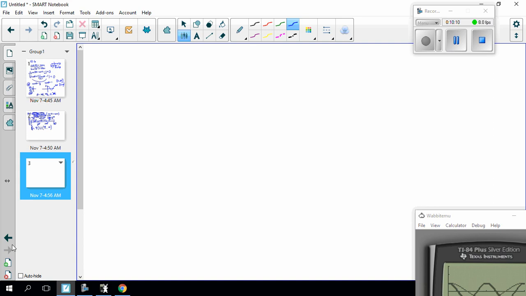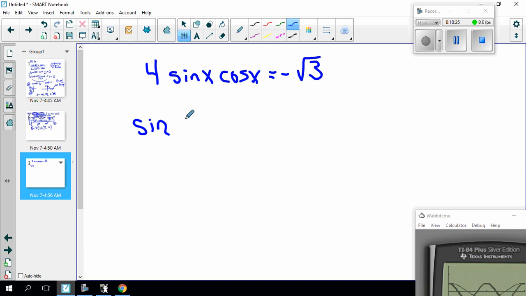Okay. Oh, I see this coming from a mile away. 4 sine x, cosine x. Oh, here it is. I just know sine 2 theta equals 2 sine theta cosine theta. It's one of my favorite identities.